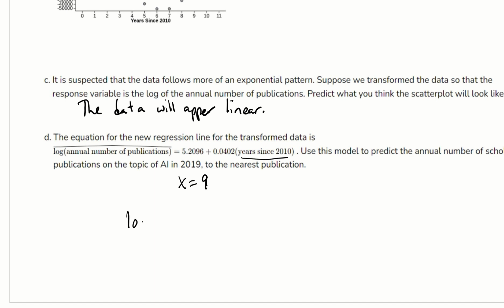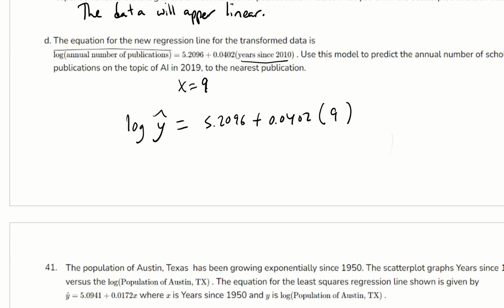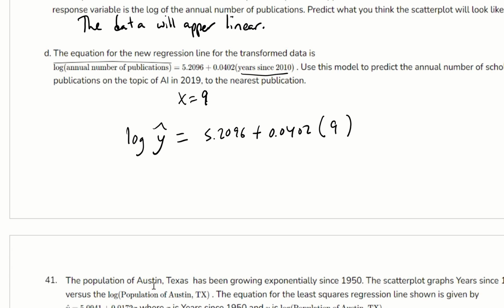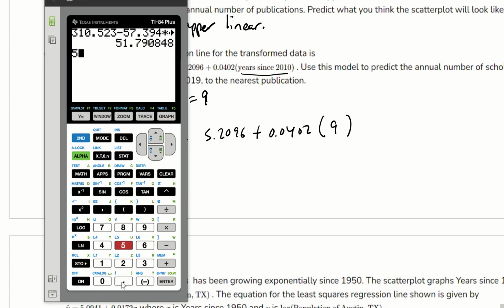All right, so log of y is equal to 5.2096 plus 0.0402 times 9. So we're going to do that calculation. Times 9, you get 5.5714.